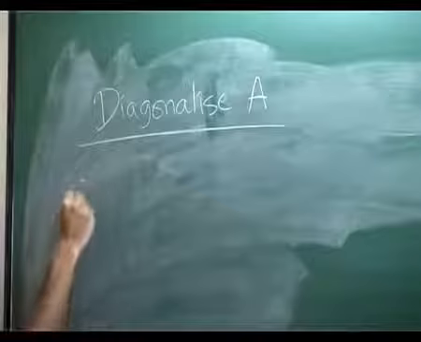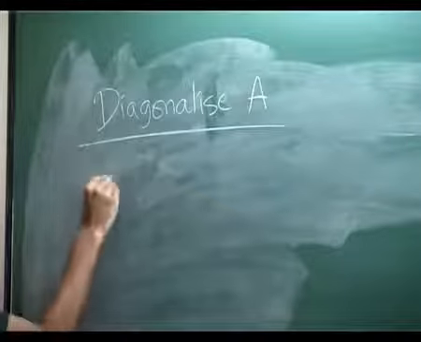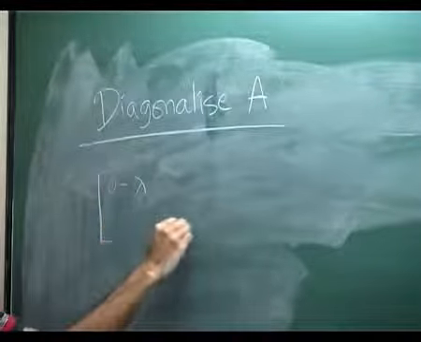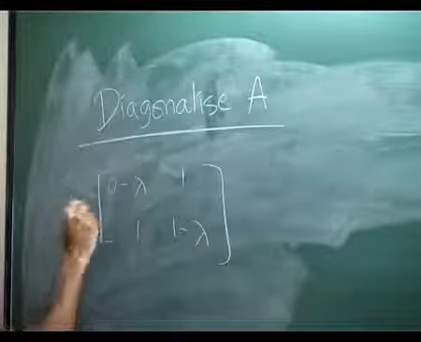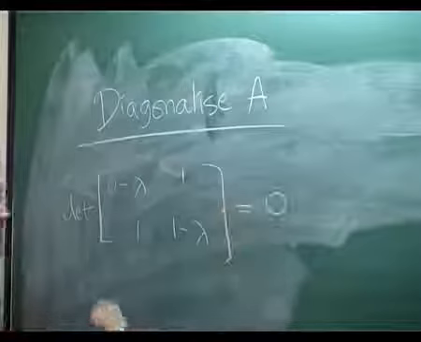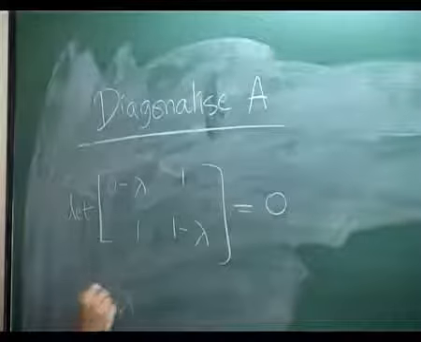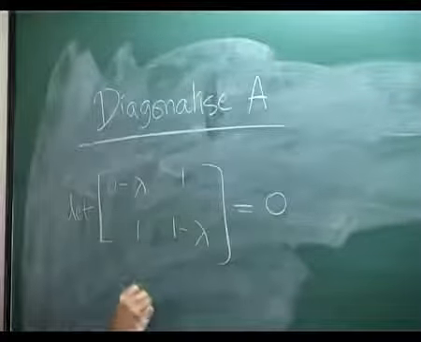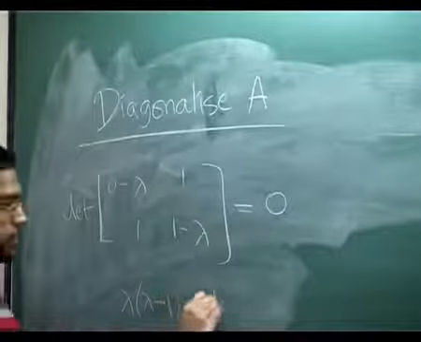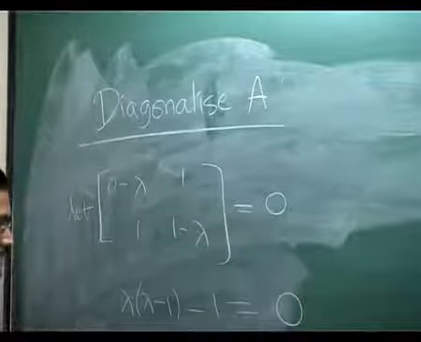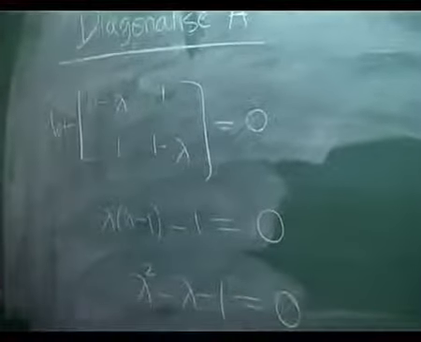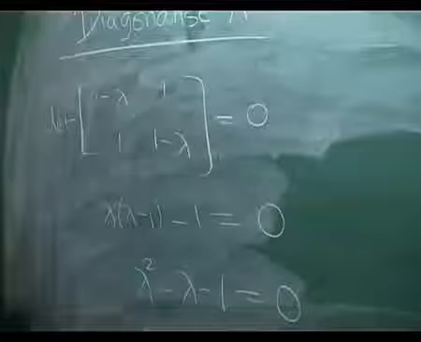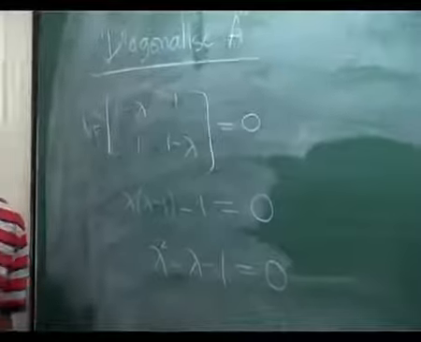The matrix A is (0 1; 1 1). What's the determinant of A minus lambda I? That's the determinant, set to 0. So minus lambda times (1 minus lambda), minus 1, is 0. Lambda squared minus lambda minus 1 is 0. Okay, that's my characteristic equation, and I have to solve it.